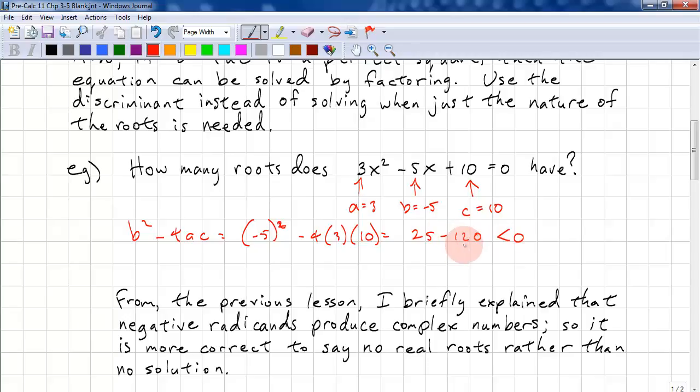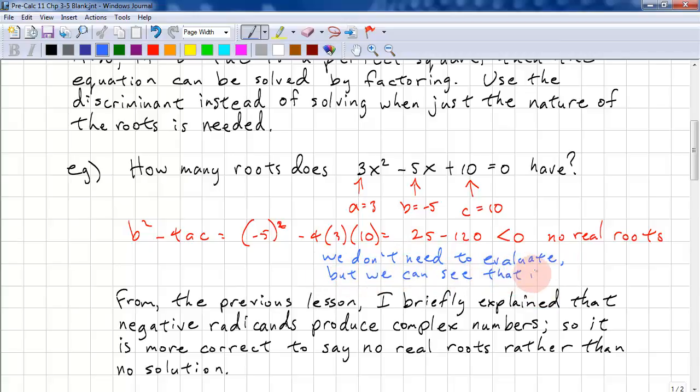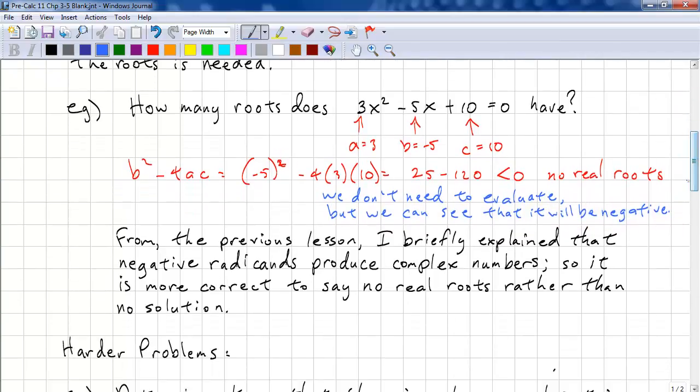We can tell because 120 is bigger than 25. So we just say no real roots. We're not asked to figure out what the discriminant is, so we don't need to evaluate it. I've already mentioned this, but that's why we say no real roots rather than no solution.